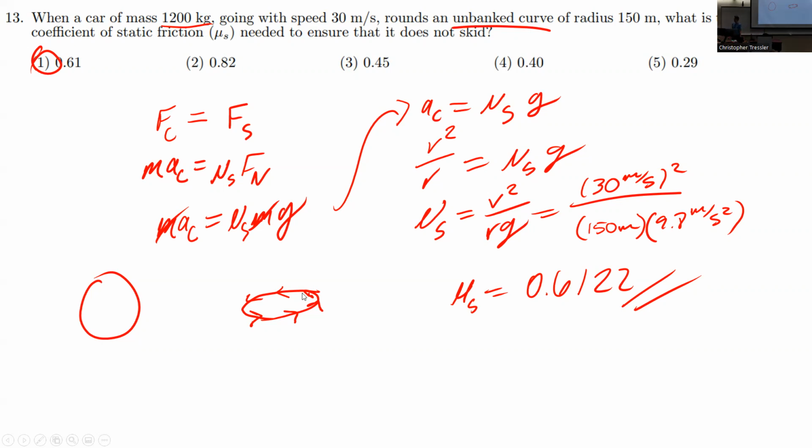If this were a banked curve, like a funnel, where there's an angle, then it would be a little bit more complicated because we would have to do some trigonometry to figure out the angles and all that. But I can guarantee you, or at least I hope not, that we won't get a question that complicated on the exam. So that is why, because I know that the total amount of force is really just the force of friction. That's all that there is. That's how I know to set this net force, which is the centripetal force, equal to the force of static friction. Yes.